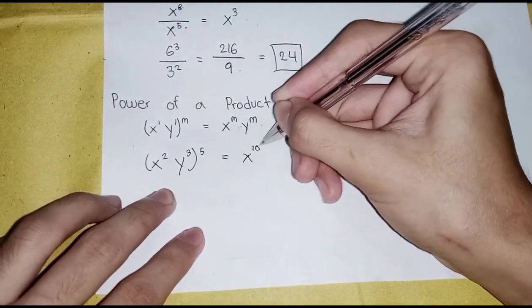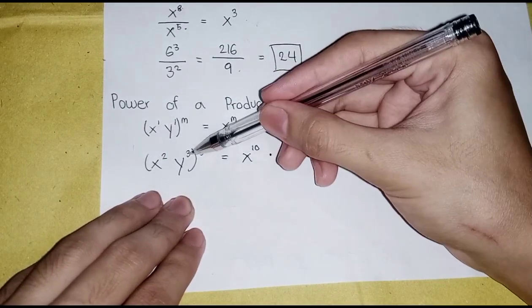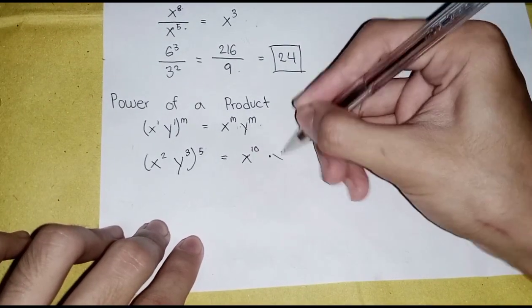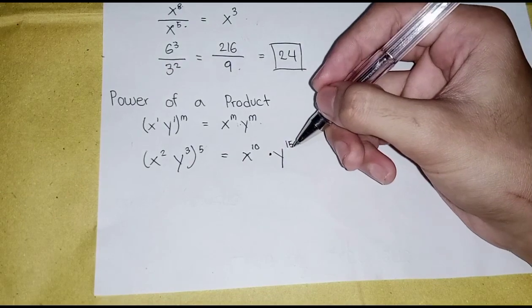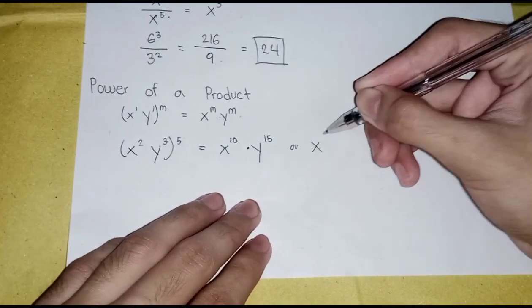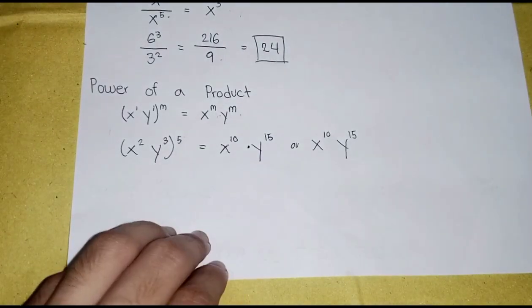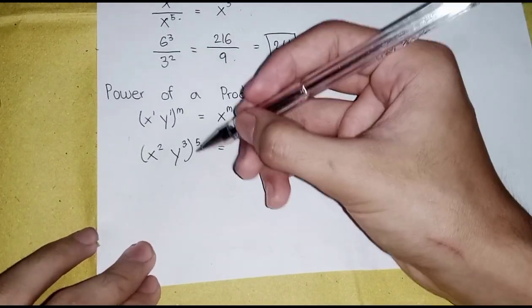X raised to 10 times 3 times 5 will be 15. So, ganyan ang mangyayari. O kaya, pwedeng x raised to 10 and y raised to 15. Next naman ay mag-example naman tayo ng numbers.